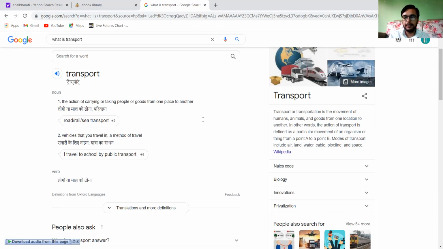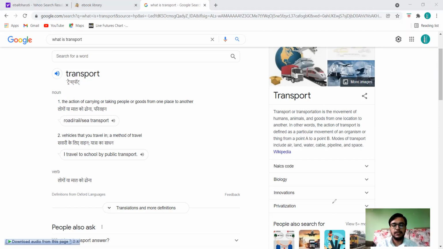Now what does it mean? Transport means it is a process of carrying or taking people from one place to another place, right?